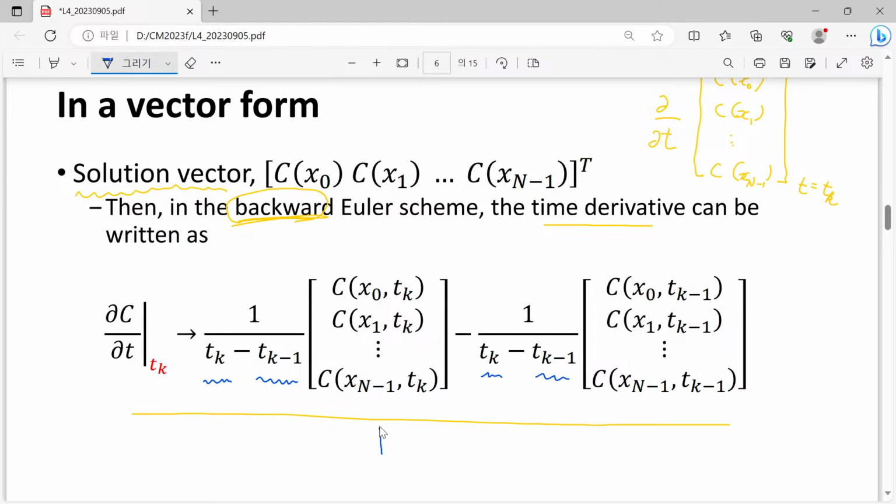Also, we have to consider the solution vector at present time and the solution vector at past time. So please note that although everything looks the same, here we have different time indexes.